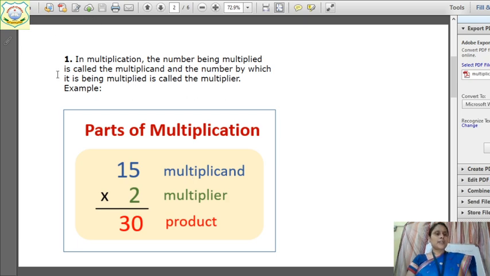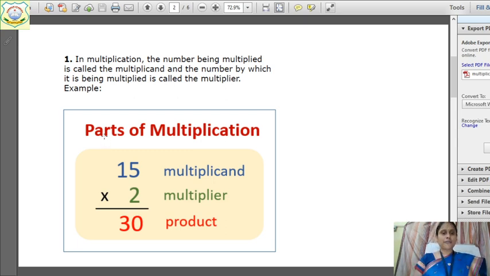Okay, now start reading it with me. In multiplication, the number being multiplied is called the multiplicand, and the number by which it is being multiplied is called the multiplier. Example is given to you.